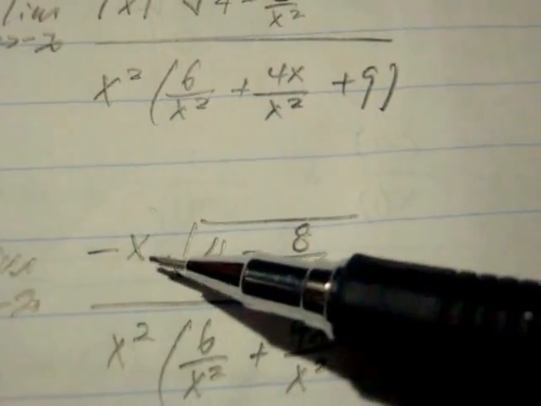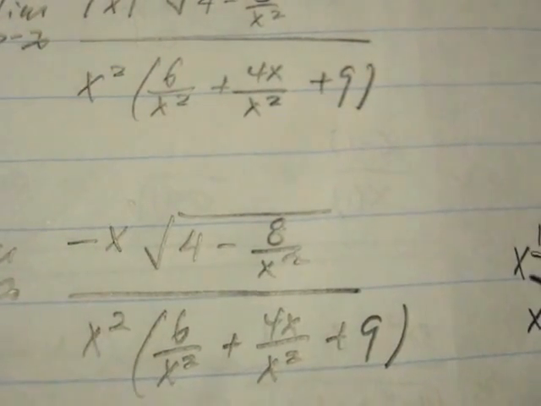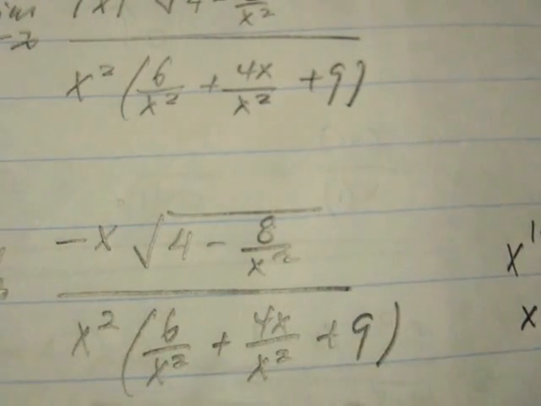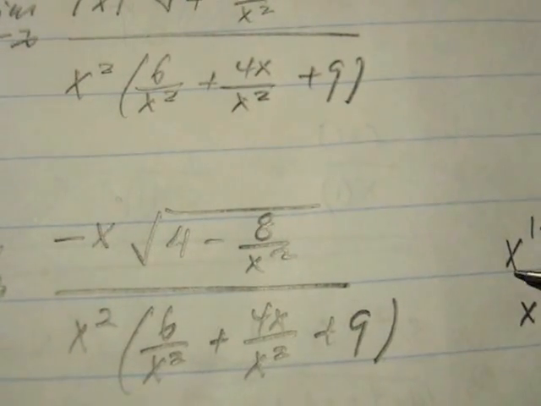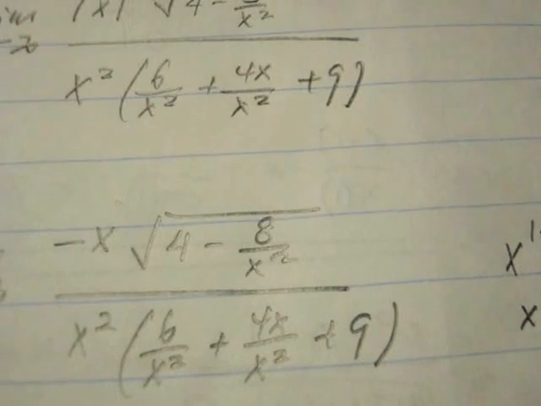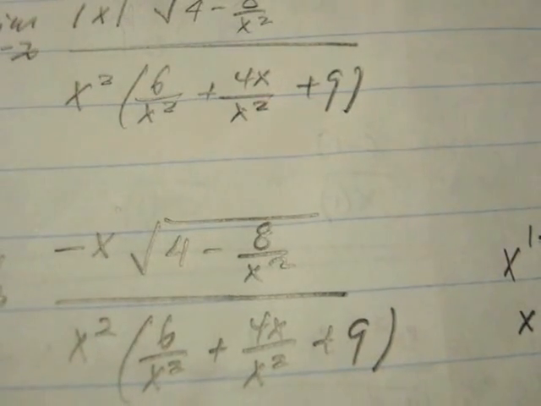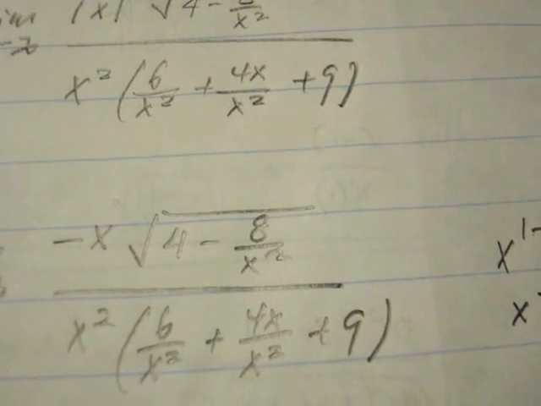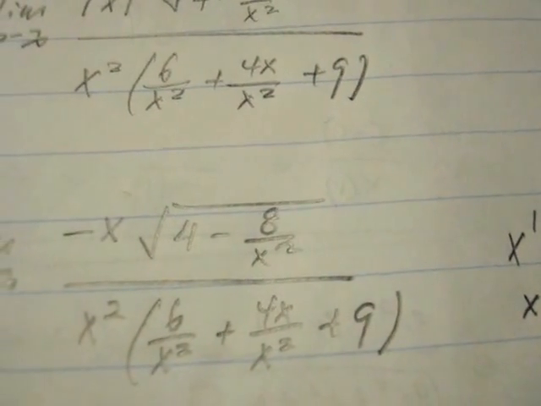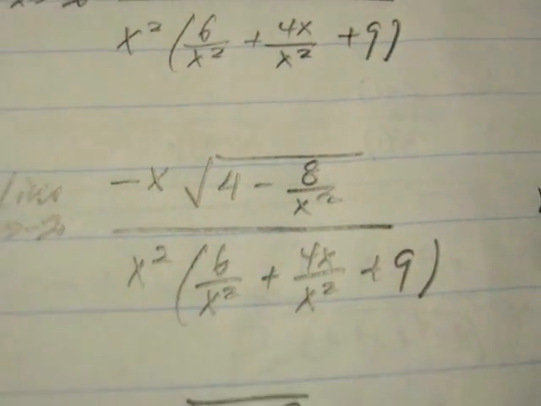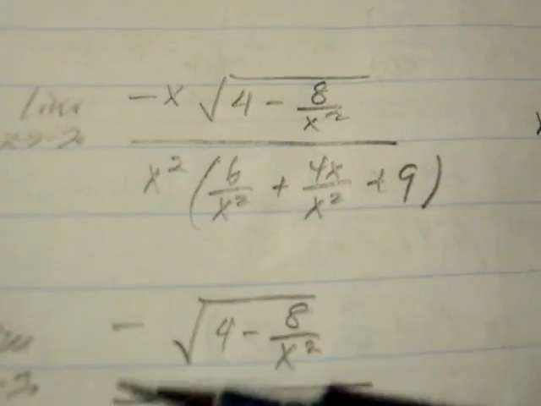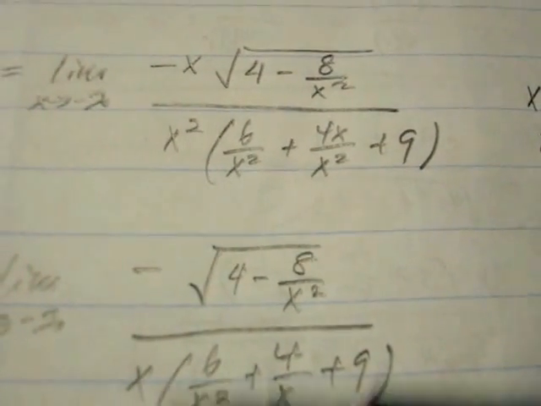So on the numerator, it will be 1 minus 2 for the denominator. So x to the 1 minus 2 will be x to the negative 1. To get rid of the negative exponent, you put it on the denominator to make it positive. So it will be like this.